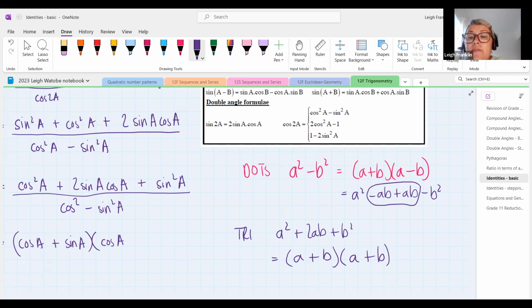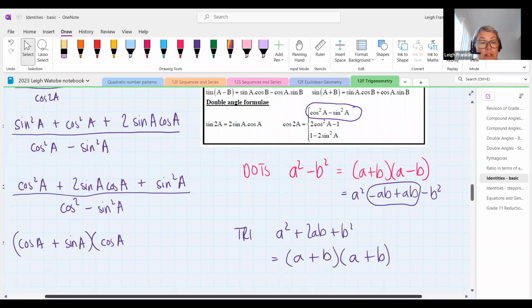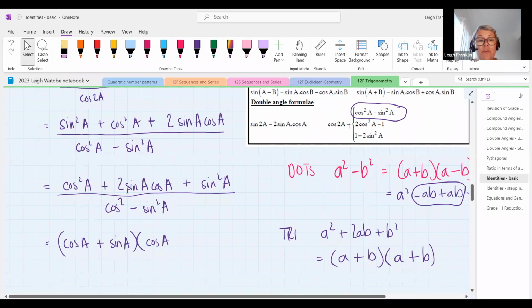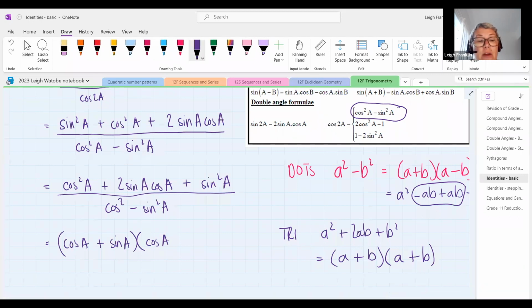Do you see the difference between the two? The one is difference of two squares. But what we have in our numerator over here is not difference of two squares. It is a trinomial like this purple one that I've got on the right. So that's why in this bracket over here, I've got to have plus sine A. It is a perfect square trinomial.